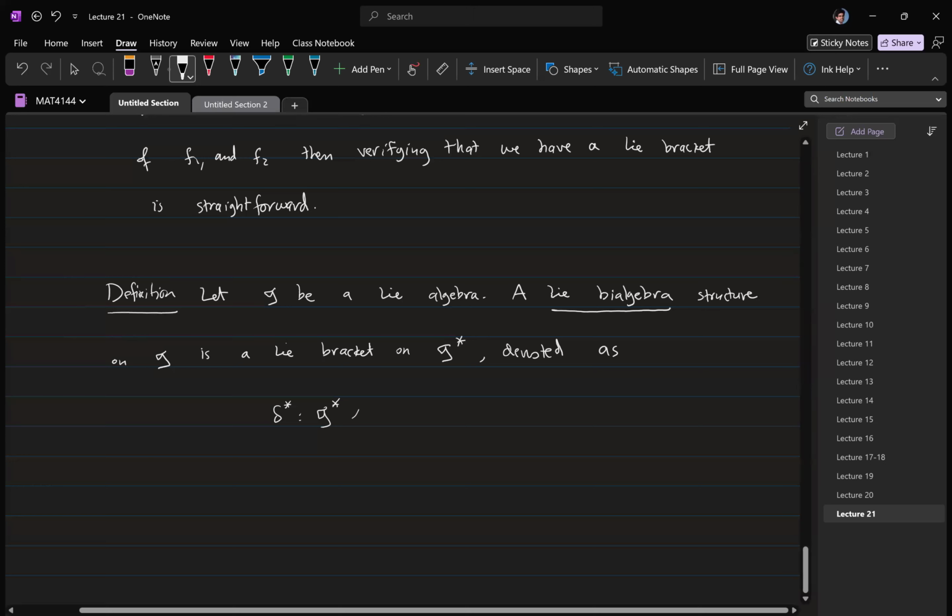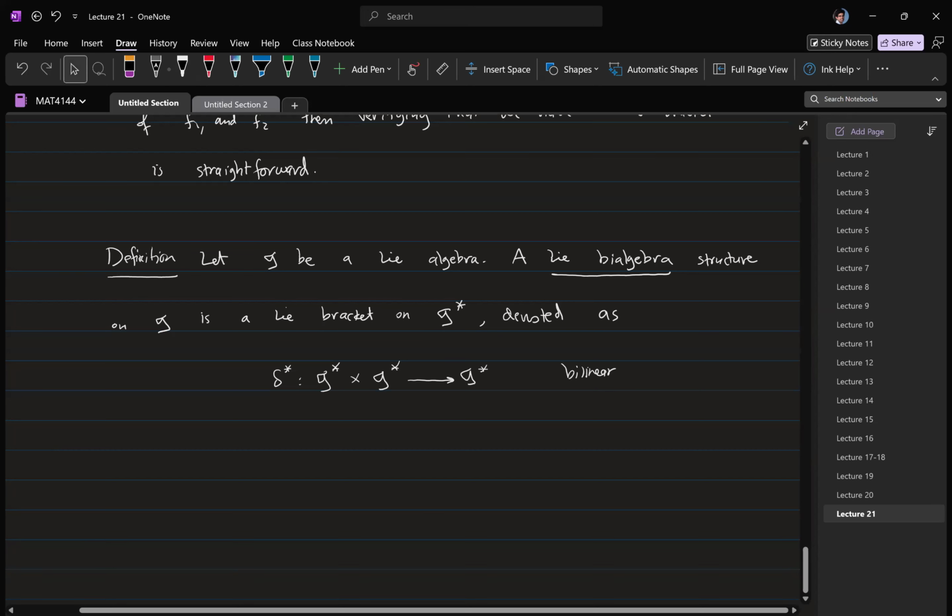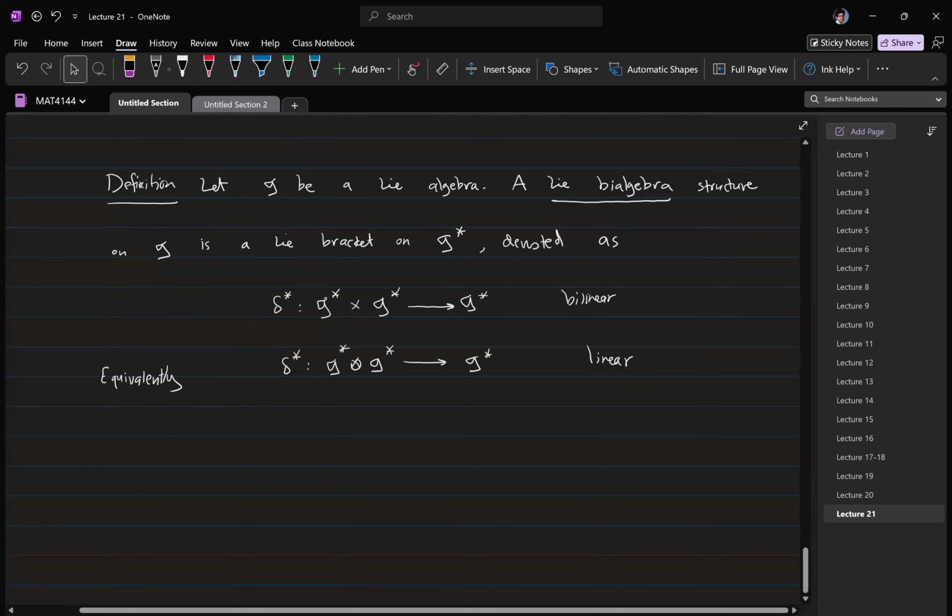That's a bilinear map from G star cross G star with values in G star, or equivalently, the linear map on this tensor product, such that, so the dual map, and I'll be more precise about some of the things that I have not defined here, should go from G to this tensor product.